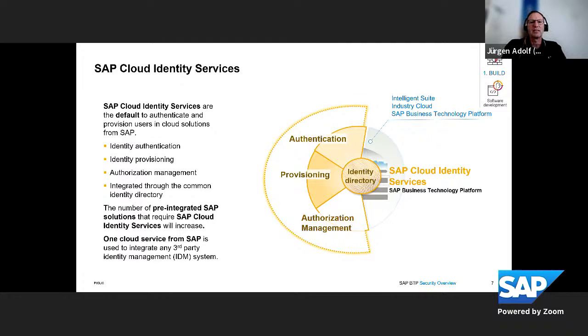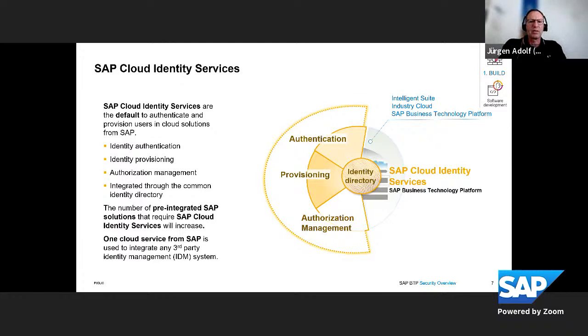Identity authentication is a critical aspect of application security, and SAP Cloud Identity Services provide robust capabilities in this area. It enables you to establish secure and reliable authentication mechanisms, ensuring that only authorized users can access your cloud solutions. This helps protect your applications from unauthorized access and strengthens your overall security posture.